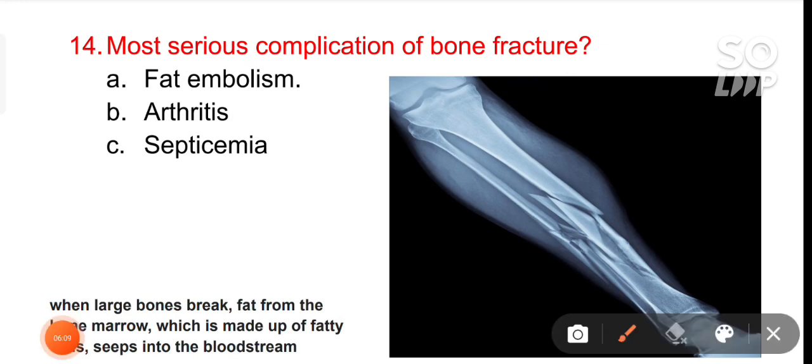The options are option A, fat embolism, option B, arthritis, option C, septicemia. The right answer is fat embolism. So why is fat embolism the most serious complication of bone fracture?